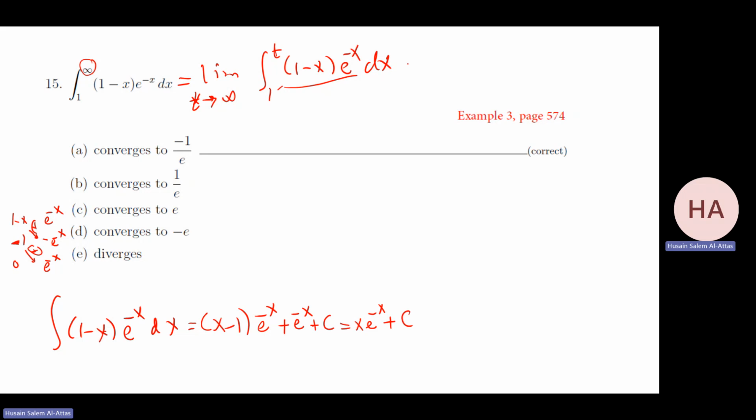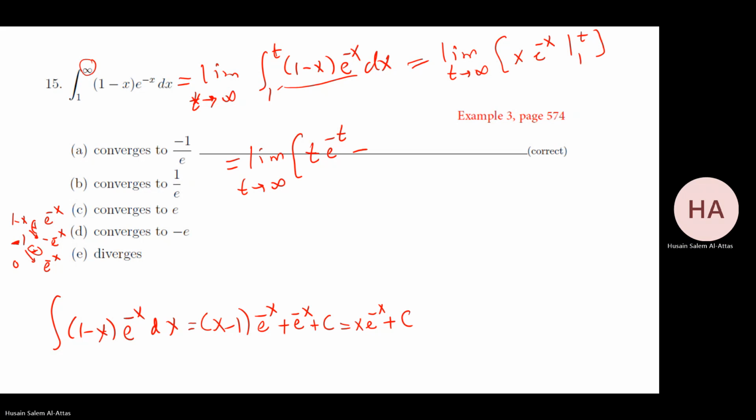So that will be limit t goes to infinity of the antiderivative from 1 to t. That gives me limit t goes to infinity of minus t e to the minus t, minus, substitute 1, that will be 1/e. Now I need this limit.